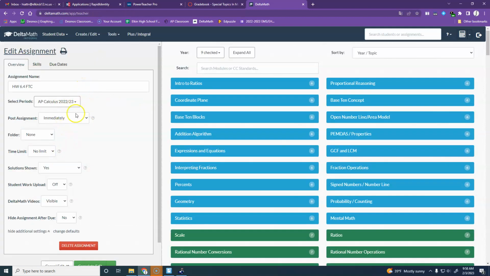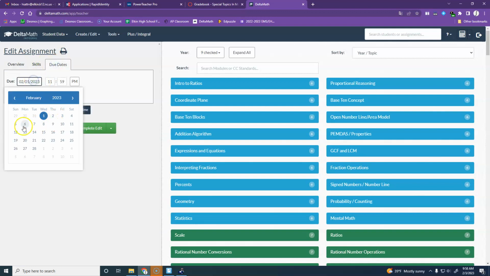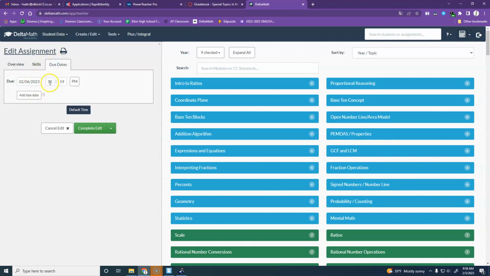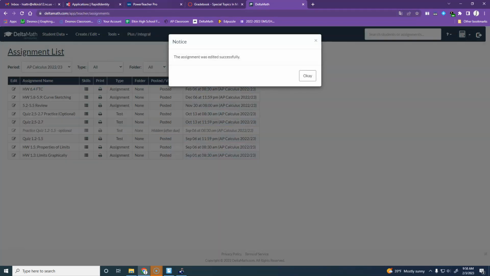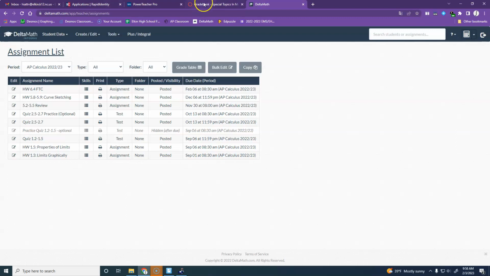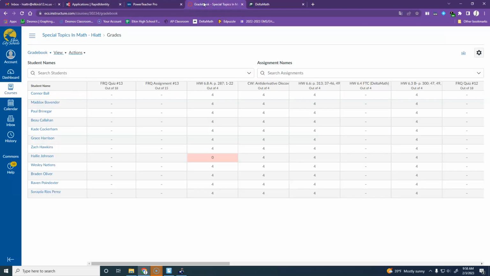So let me change this date to Monday at 8:30. All right. I think it is correct. So do the Delta Math. Look at those couple other questions too, and we'll look at that last one maybe as our warm-up or something on Monday.